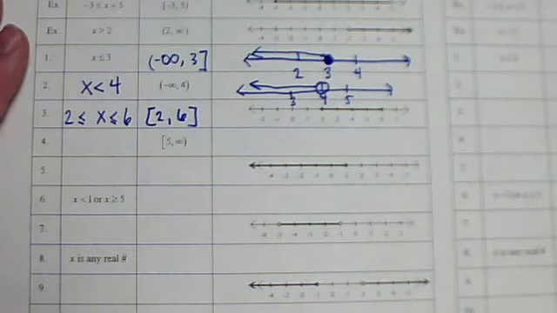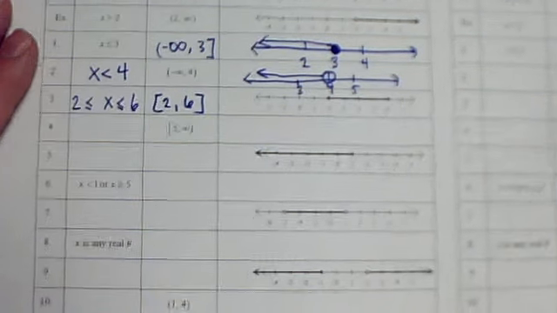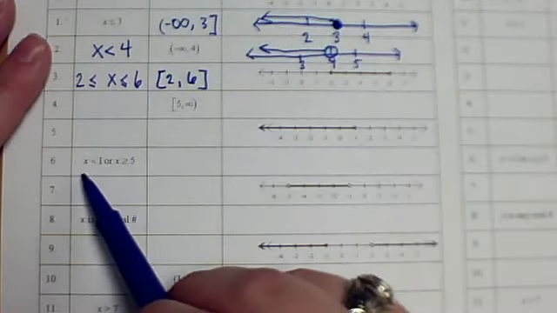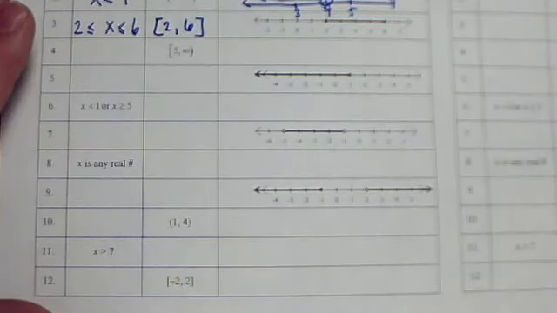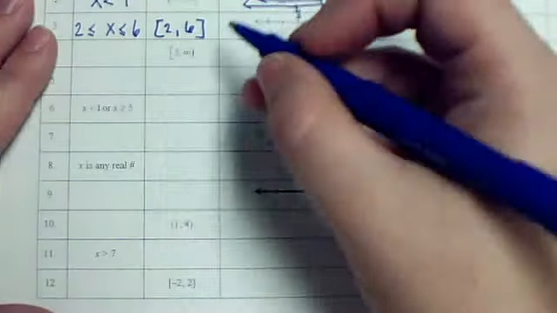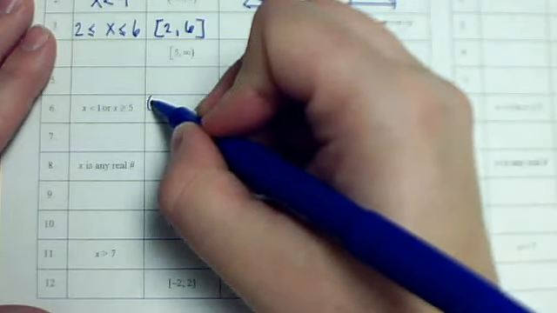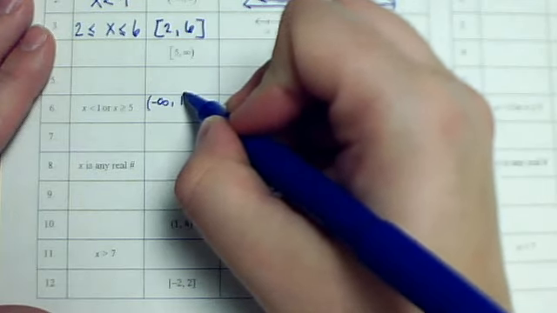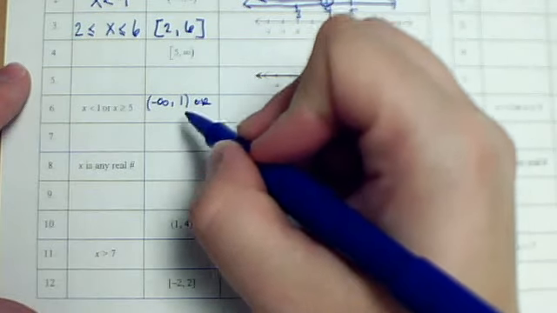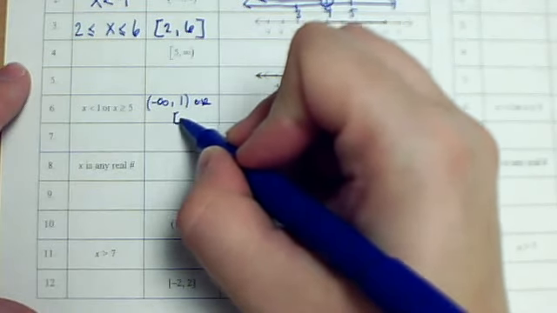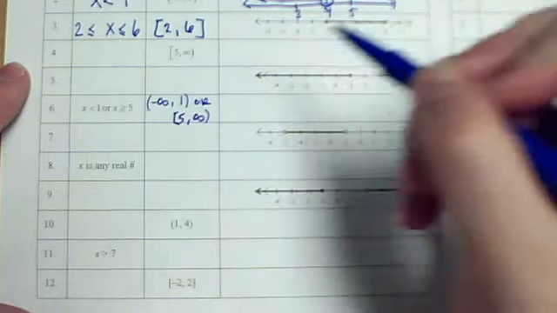Alright, let's go ahead and get down to number 6. We have x less than 1 or x greater than or equal to 5. Okay, that gives me two things. So I'm going to have two different intervals. So first is going to be from negative infinity to 1, parentheses, because it's just less than, or bracket 5 to infinity.